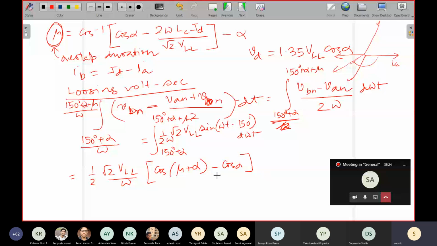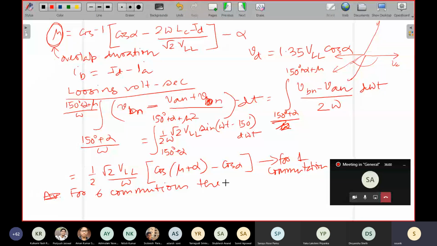So this is the volt second you are losing for one commutation. First find out the average loss. First find out for 6 commutations, because that is happening in a cycle.